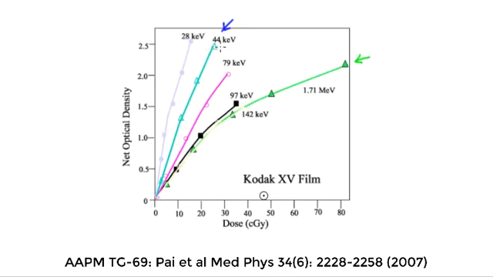One is if you calibrated it in a high energy beam, you would not want to use that same calibration to measure a low energy beam. Two is that if the spectrum of a beam changes in different locations, for example by field size or depth, then the response may be different in a single film. So you really need to be aware of this.